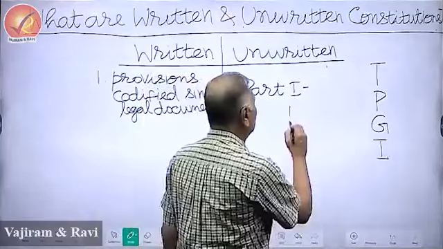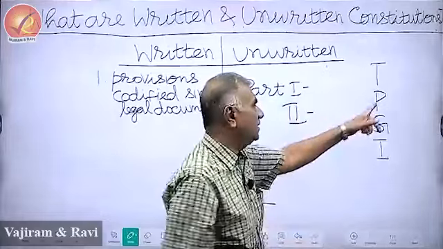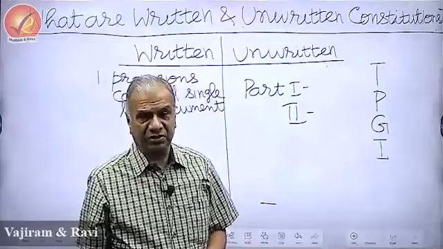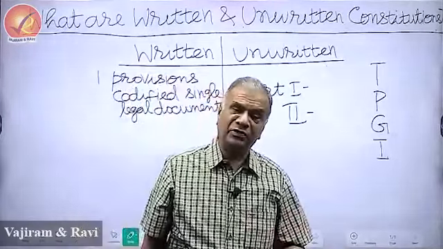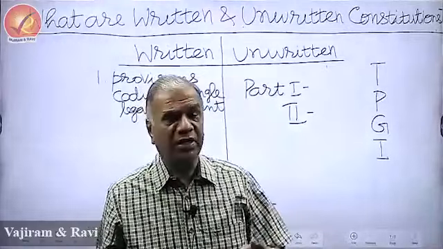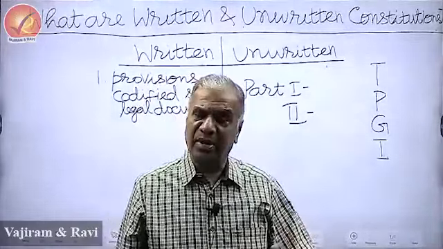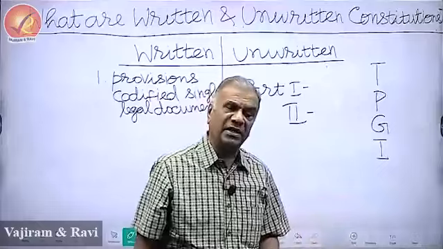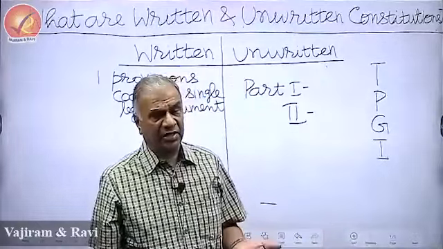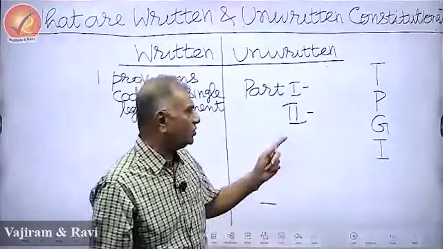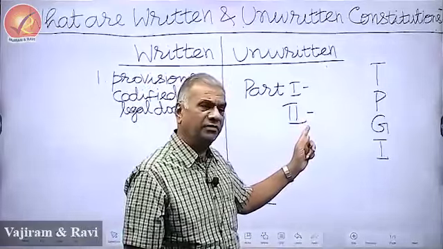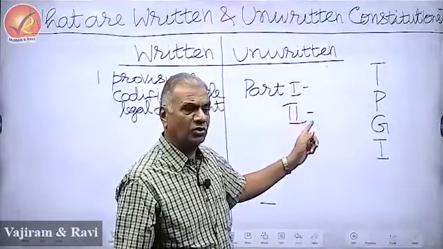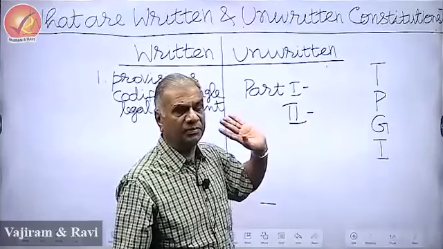And part 2 of the Constitution should deal with the population. But population has many dimensions. We should first and foremost identify who are the citizens of India, because the population includes the citizens, the foreigners, the refugees, the asylum seekers, etc. So the Constitution proceeds to identify who are all the citizens of India in part 2 of the Constitution, which is the citizenship.